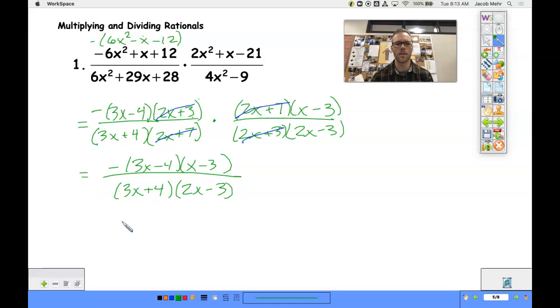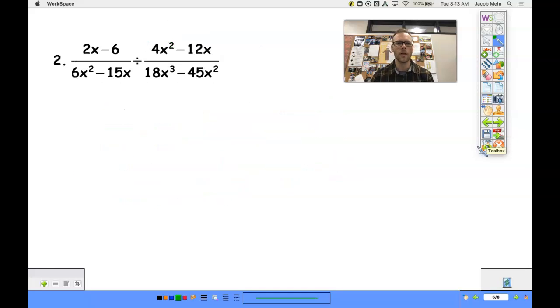All right, so that's simplified. Okay? But we have to make our statement about what can't equal x, or what x can't equal. This does equal that, except for what values? Negative 7 over 2 and negative 3 over 2 from those two factors that we canceled out. There we go.